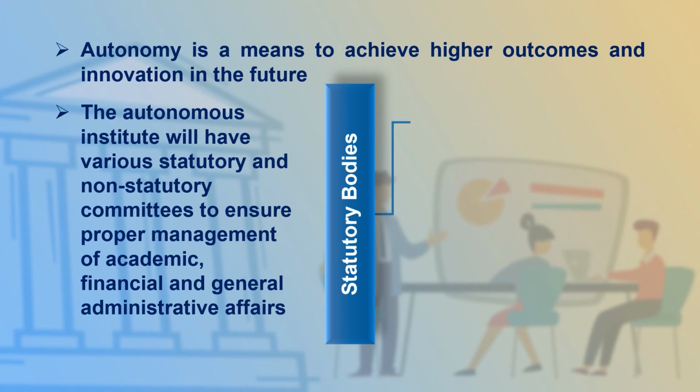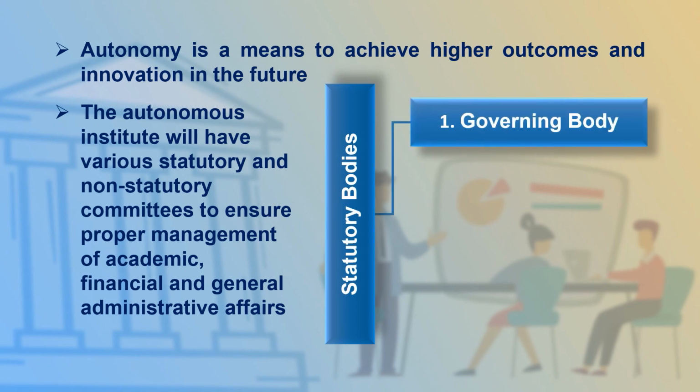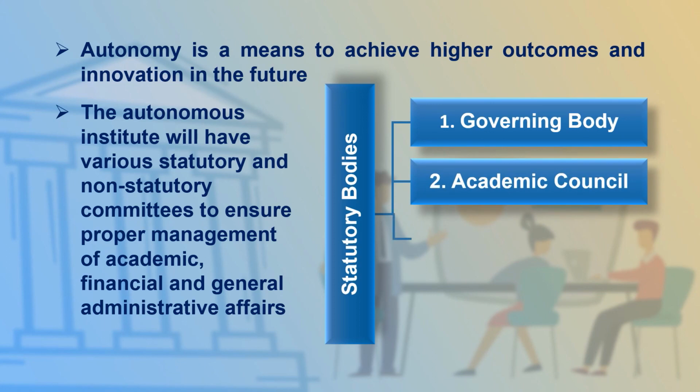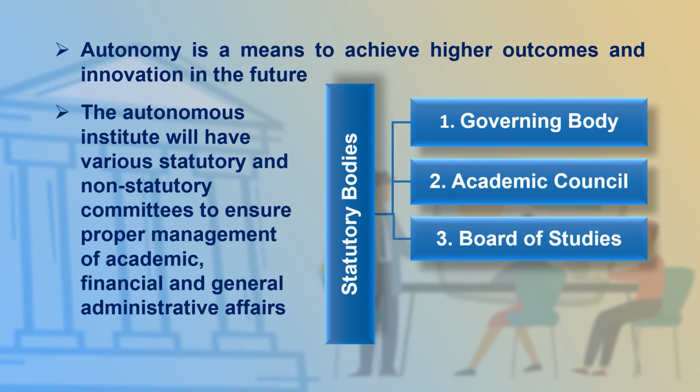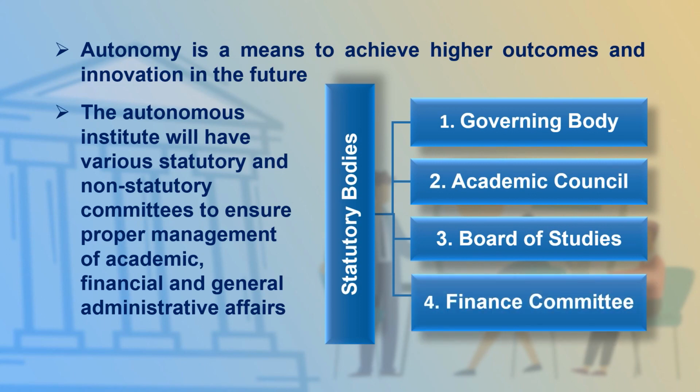Statutory bodies include number 1 governing body, number 2 academic council, number 3 board of studies and number 4 finance committee. How many members will be there and who can be the member of governing body?